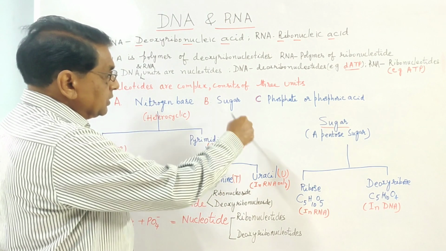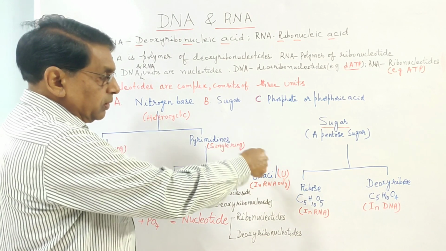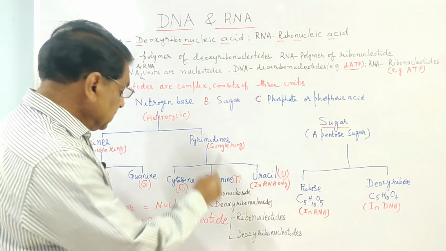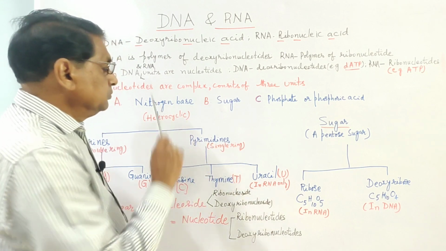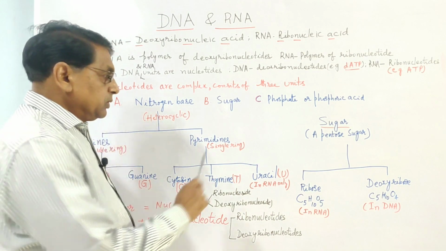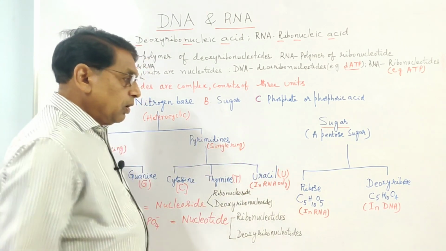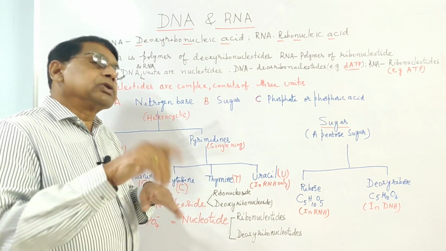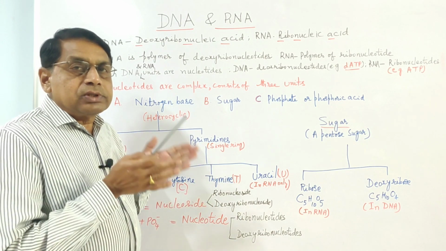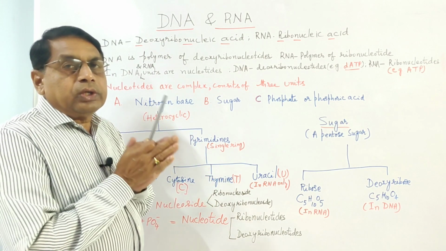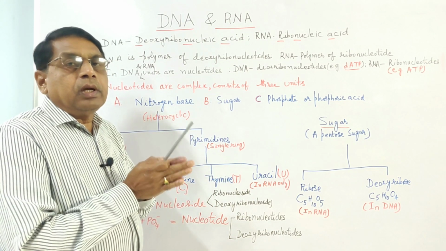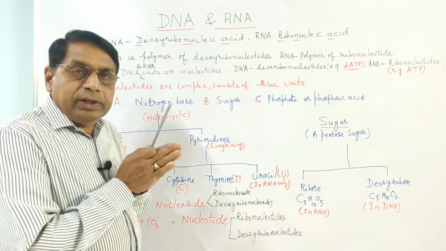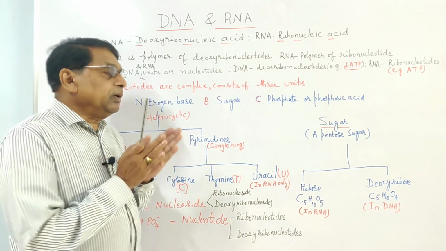Now let us consider in the next class, or in continuation of this class, the structures of these nitrogen bases, sugars, phosphates, and how they are linked to each other to form the nucleotides. In another class, we will see how these nucleotides polymerize to form a definite structure known as DNA. Okay.